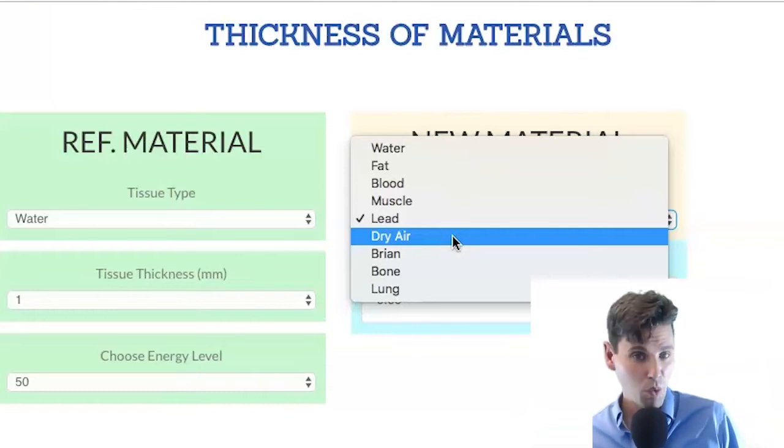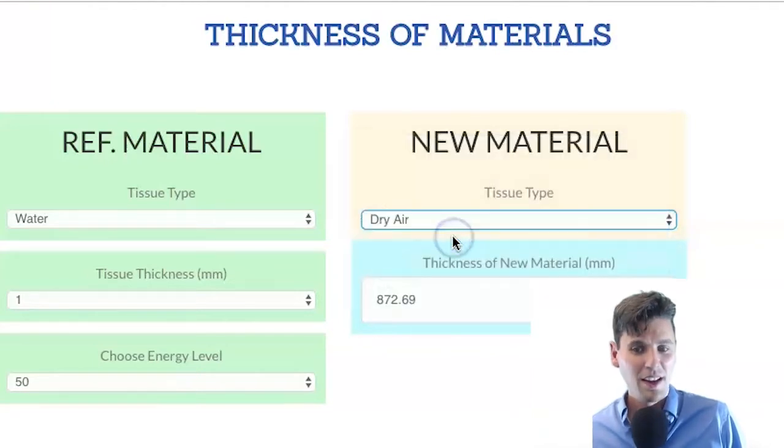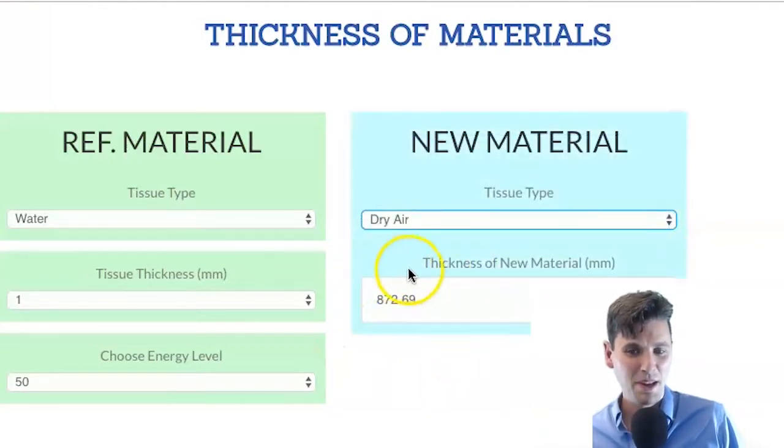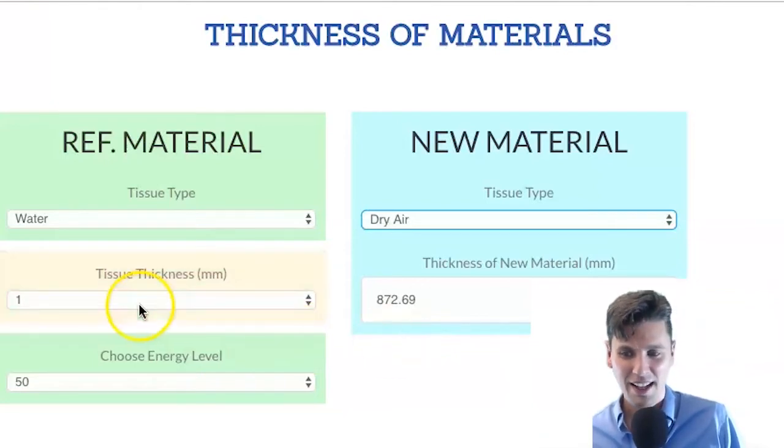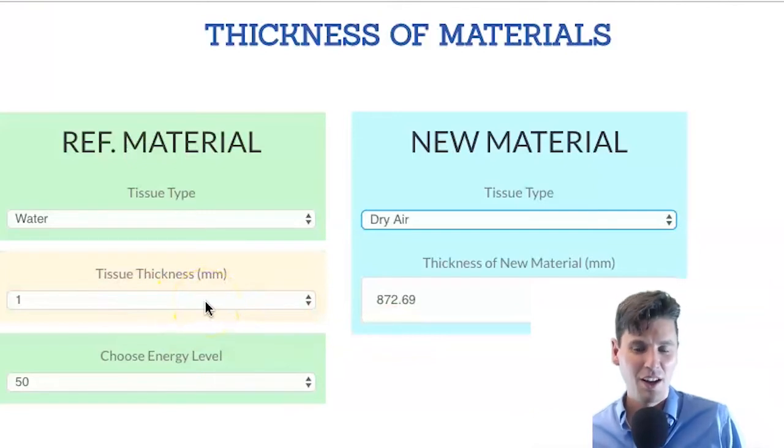So if I start with 1 millimeter of water, what do you think? Is it going to be 10? Is it going to be 100 millimeters that we're going to need for dry air? It's going to be more than that, right? It's going to be 872 millimeters of dry air to get the equivalent attenuation of 1 millimeter of water.